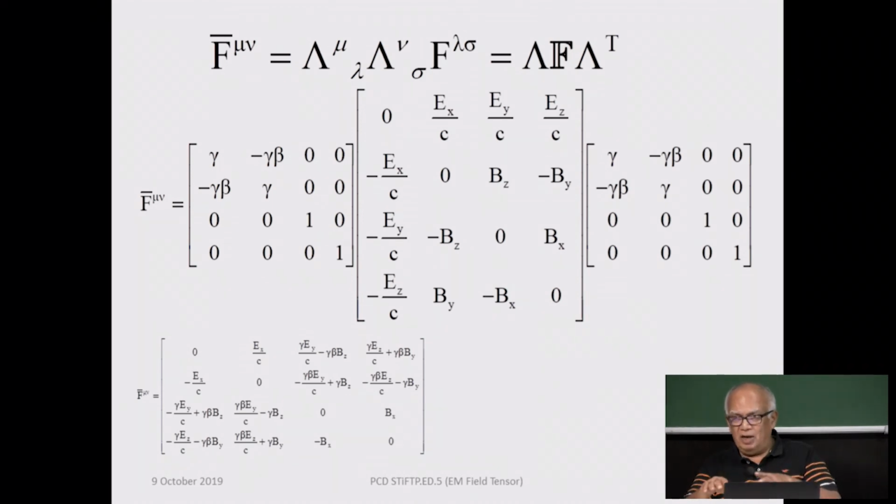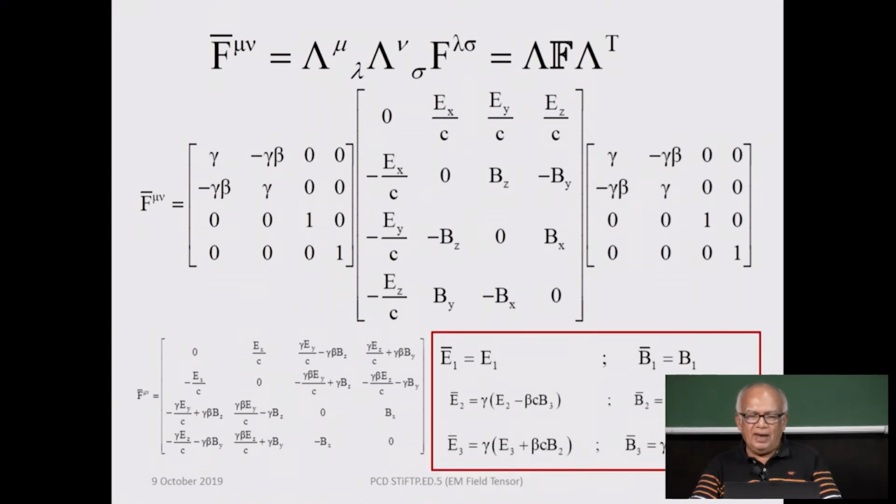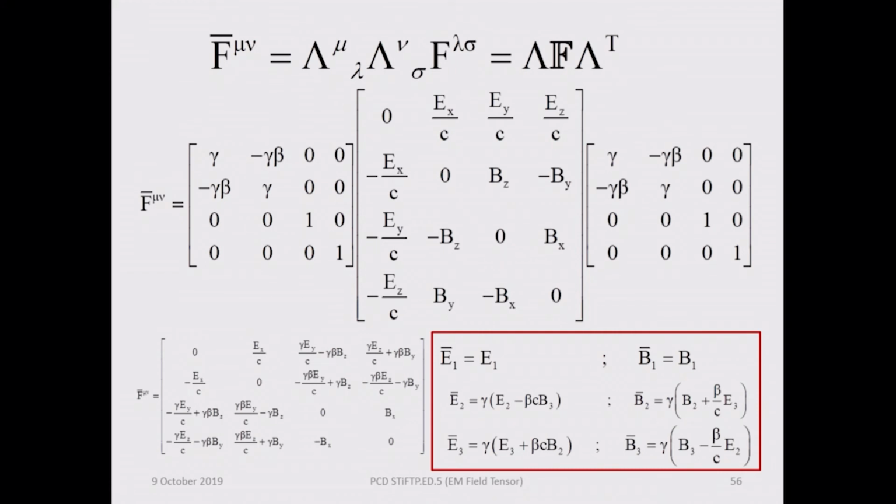So, rows and columns, and you know how to do this, and you always do it pictorially in your mind. You go like this and then like this, right? You carry out the multiplication and then add up all the terms. So, when you do it, you are going to scramble some of these E and B terms.